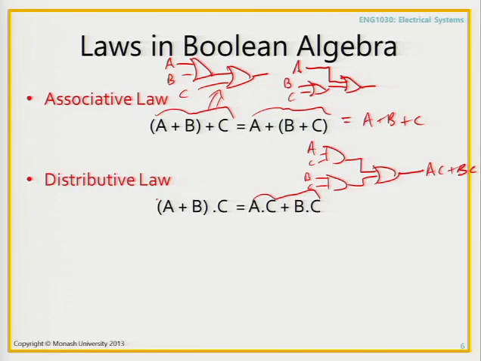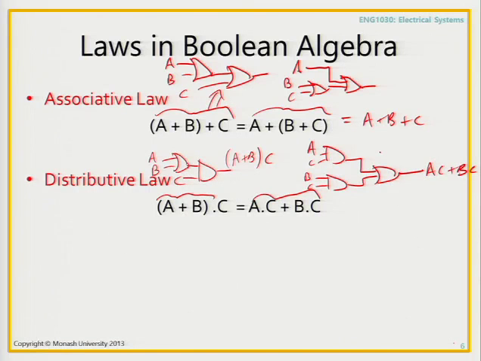In this case, all I need is an OR gate with AB, and then one AND gate with C, and this gives us A plus B times C. Now, if you have a look at the left one, there's only 2 gates required. If a gate costs 1 cent, then this circuit costs 2 cents on the left.